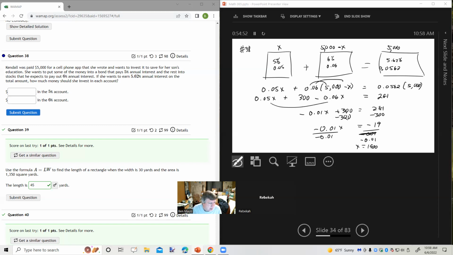1,900. So the 5% account is X, so that would be $1,900. And then the 6% account would be what? 5,000 minus the 1,900, which would be $3,100.